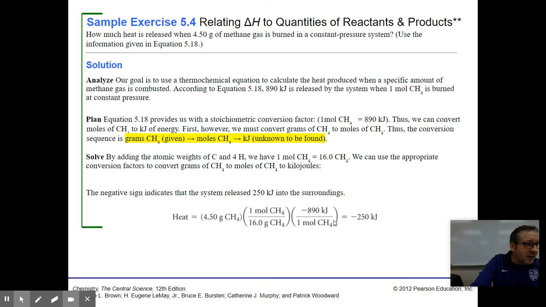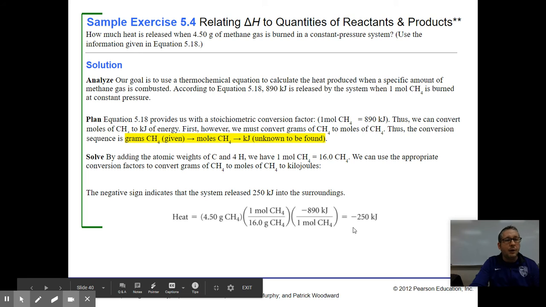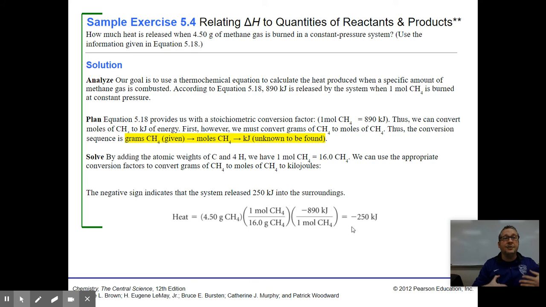Based off of the equation that we saw in the book, because it told us to look there, we put negative 890 kilojoules over 1 mole. We calculate all this out, and we get negative 250 kilojoules of heat that is being released. We know it's being released because we have a negative sign here. If it were being absorbed, it would be positive, and so would this value.